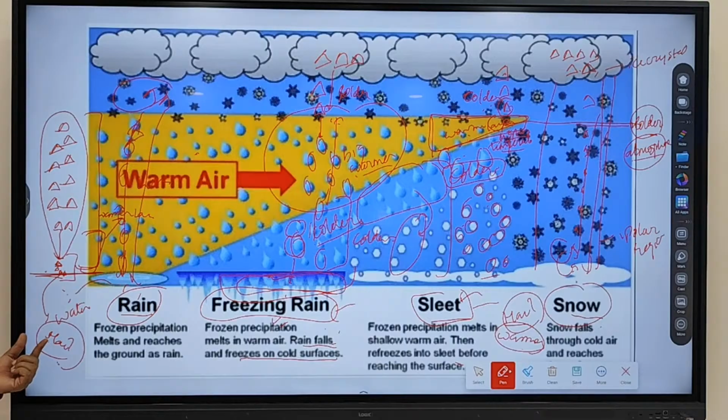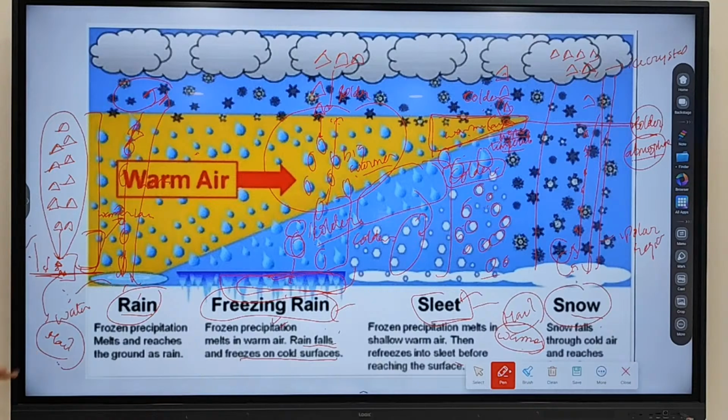Hail occurs in a warmer region. When clouds are formed very close to the earth's surface, the ice crystals, though traveling through the warmer layer, do not fully melt and hit the ground in the form of ice. Then we call it hail.